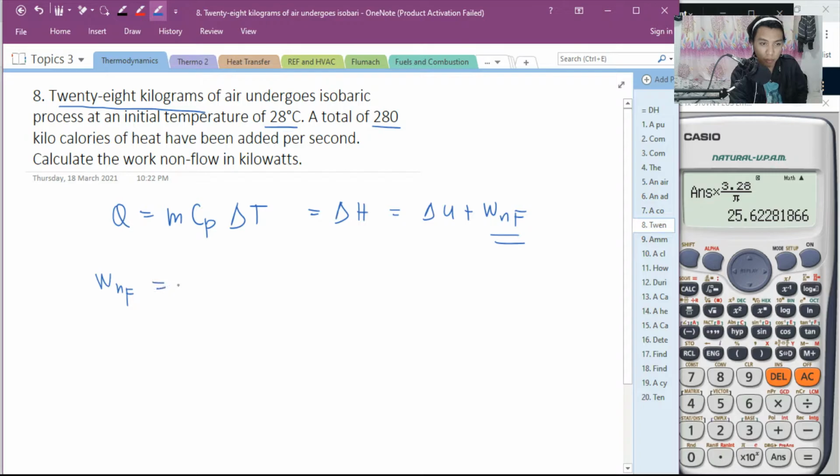Work non-flow, hinahanap mo is equal to delta H minus delta U. Where your delta U is equal to m Cv delta T. Okay? Meron kang air.